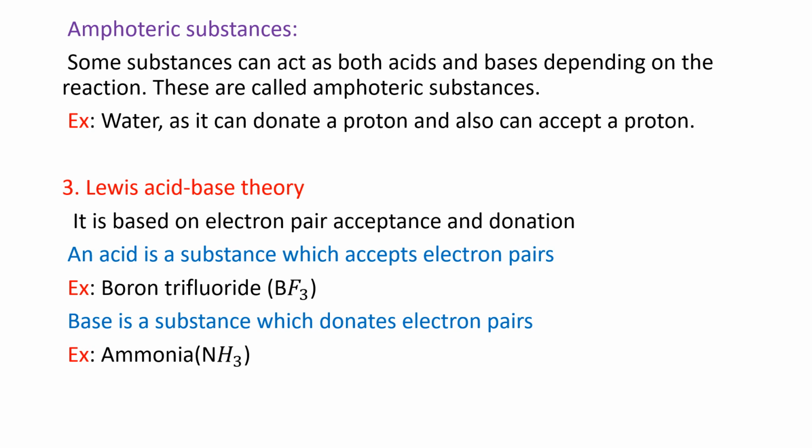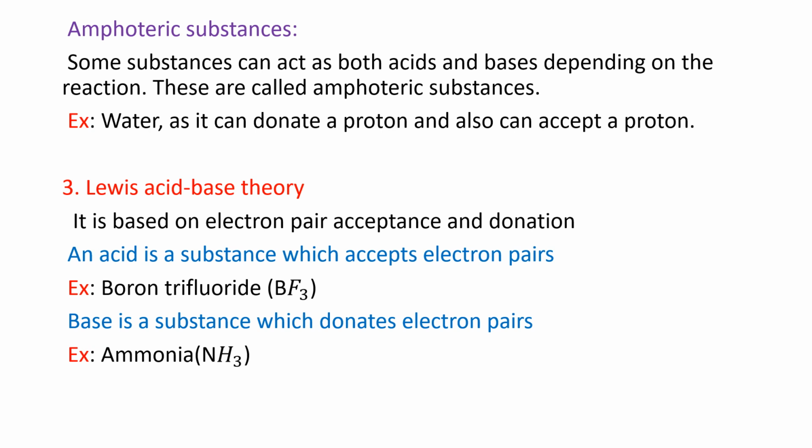Water, we know that if it is treated with HCl, water acts as a base. If you are treating water with ammonia, in that case water acts as an acid. Therefore, depending on the situation, either water can accept a proton or water can donate a proton. So such species will be called amphoteric substances.